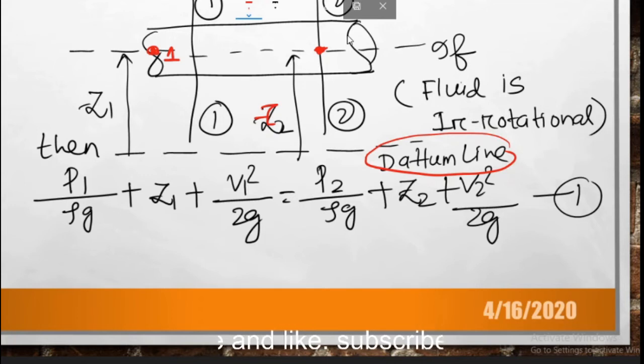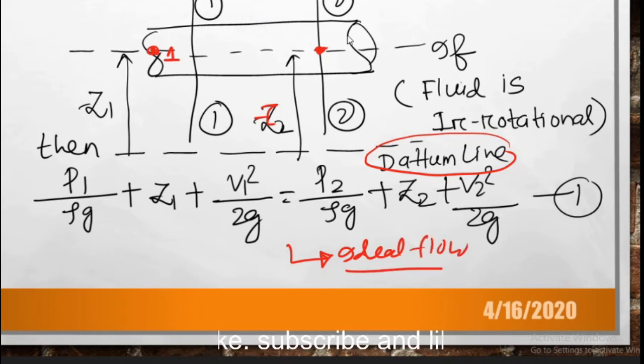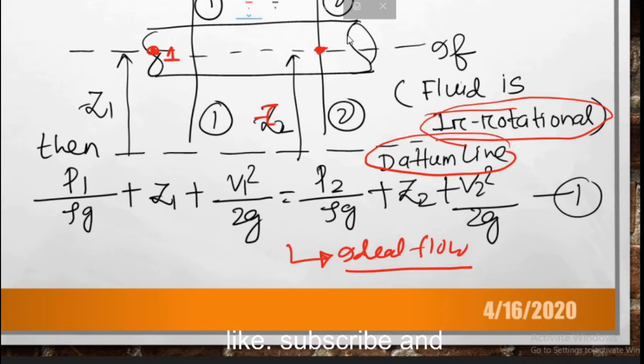If you write the Bernoulli equation at various sections, P1 by rho g plus Z1 plus V1 square by 2g equals P2 by rho g plus Z2 plus V2 square by 2g, and this is for ideal flow. This equation is valid for ideal flow, and it is only applicable at various locations when the fluid flow is irrotational. Only then can we apply this Bernoulli equation at various sections of the pipe flow.